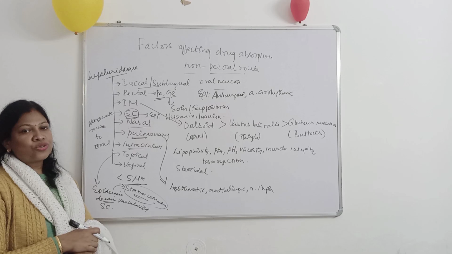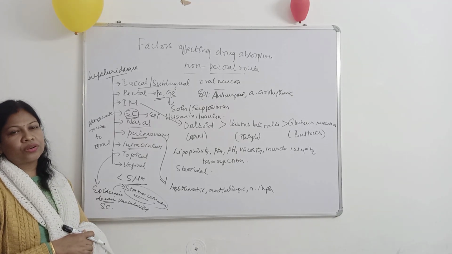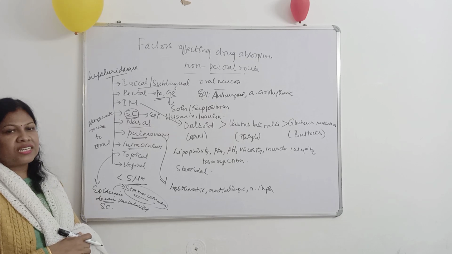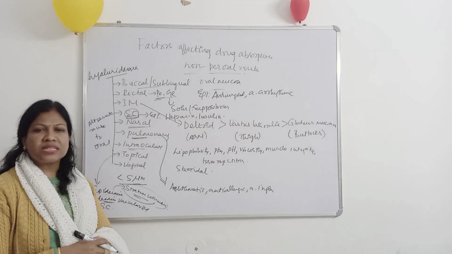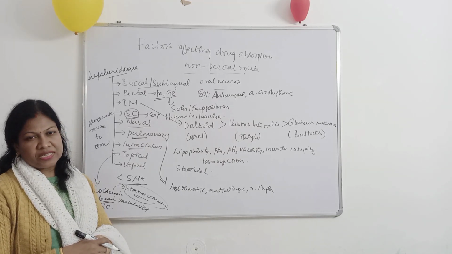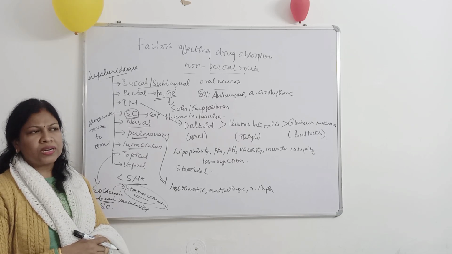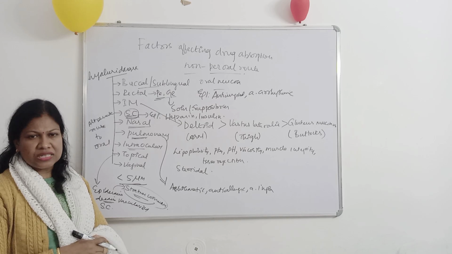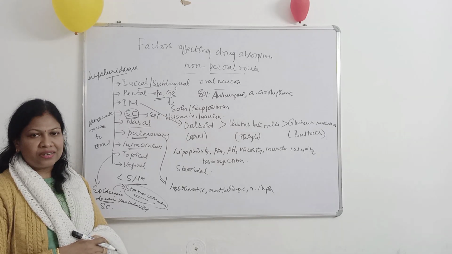Now the last route preferred among these alternate, non-peroral routes of drug absorption is the vaginal route. Why is it considered to be the last route? Because it is gender specific. It is the route preferred only for females, and for local action we can use this route. The local actions are contraception and infections, where antifungal drugs can be administered through this route.